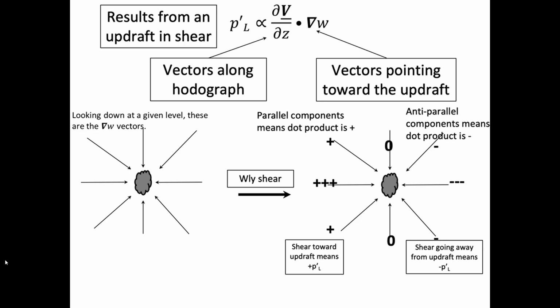We're going to have to appeal to the concept in vector analysis of a dot product. And the perturbation pressure linear effects are going to be proportional to the vertical shear of horizontal wind vector. We know what that is now. Yes, it's this partial derivative, but don't worry, those are just vectors along the hodograph, the chords along the hodograph, what's tangent to the hodograph.